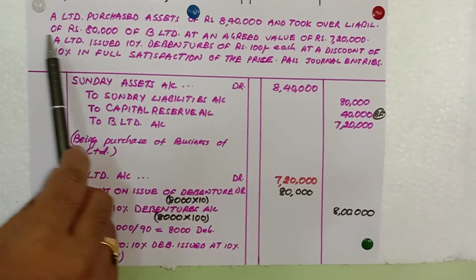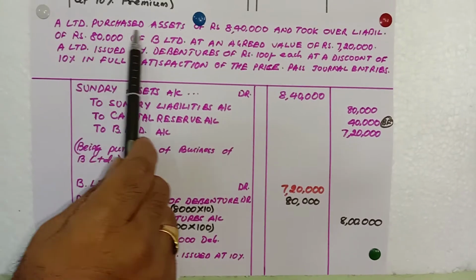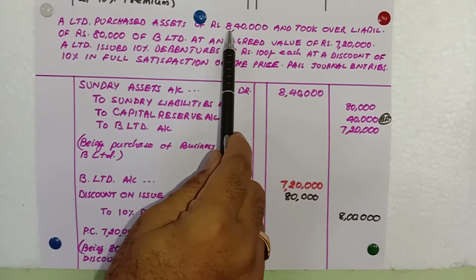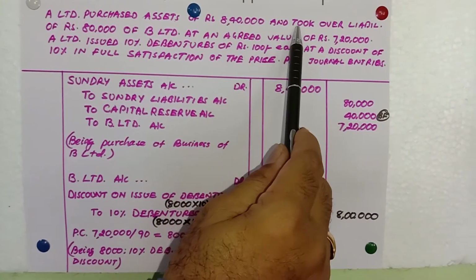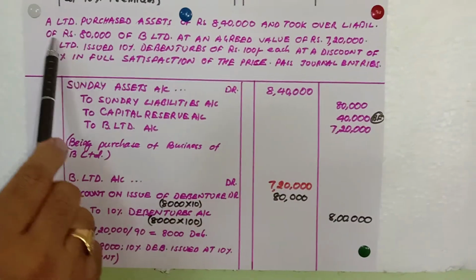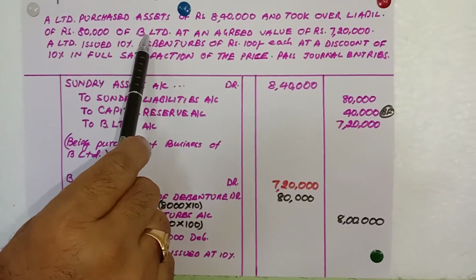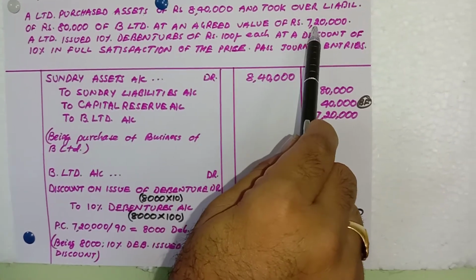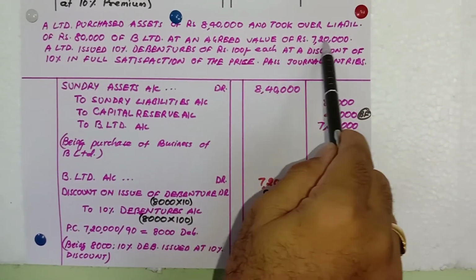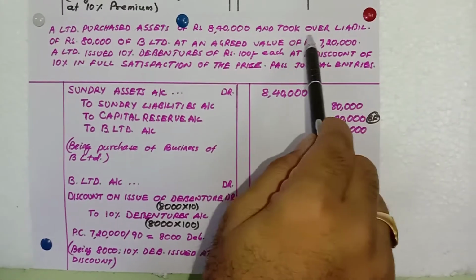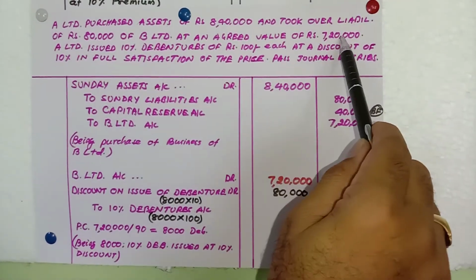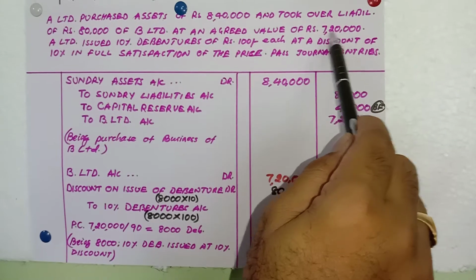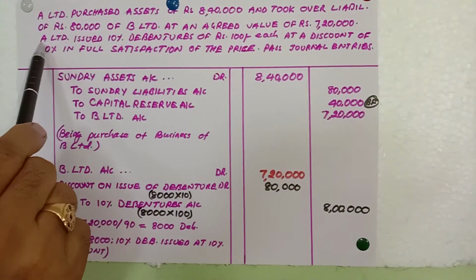Now another question you can see, A Limited purchased assets of 8,40,000 and took over the liability of 80,000 rupees of B Limited at an agreed value of 7,20,000. Agreed value means this is again purchase consideration. They are not using the name purchase consideration, but they are using agreed value 7,20,000.